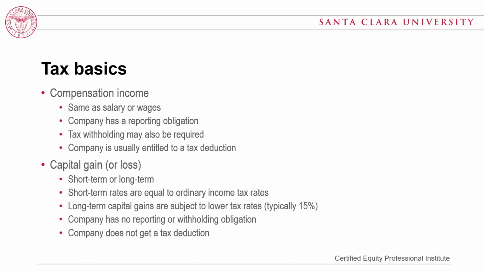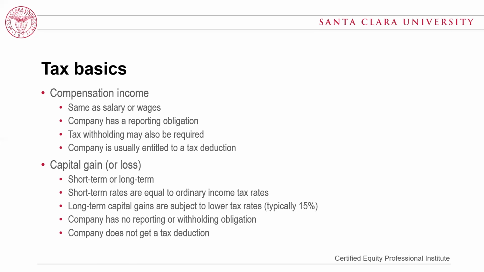The second kind of taxation that we cover is capital gains and losses, which refer to the value or profit received from the sale of an asset, such as a share. As it applies to our discussion, capital gains and losses would apply to amounts outside the ordinary or compensation income amounts reportable by the company.